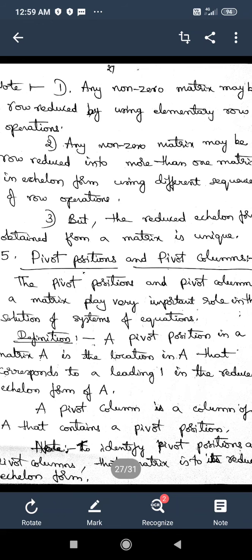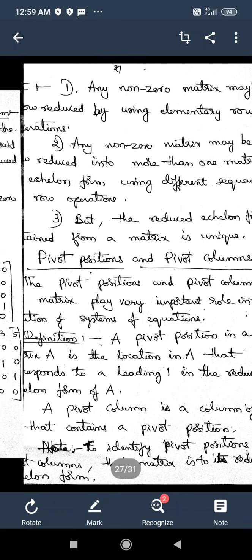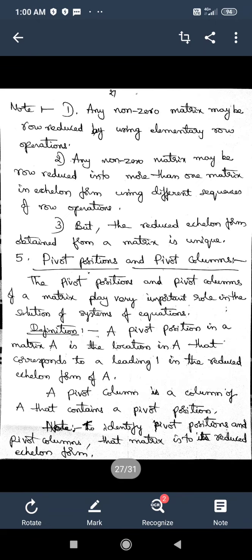And the third note point says that the reduced echelon form obtained from a matrix is always unique. There may be different echelon forms of a matrix, but the row reduced echelon form is only one for a given matrix.